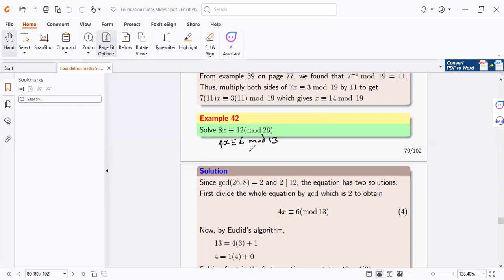At this point, you now realize that the GCD of 4 and 13 is 1. Therefore, we can find the inverse of 4 mod 13. So that inverse of 4 mod 13 is what you get. Then use it to solve this equation. Once you've solved this equation, you come back and solve this one.